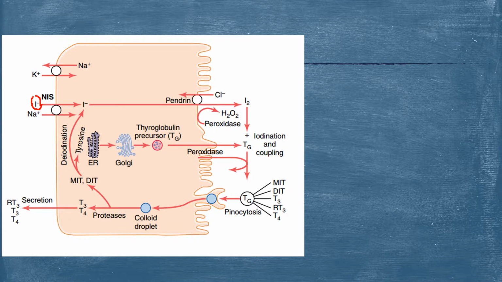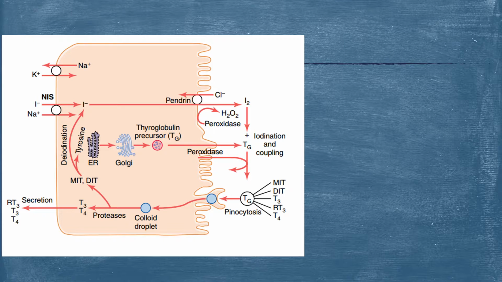Iodide will enter the follicular cell from the blood by an active process, and the transporter is called the sodium iodide symporter. So you can say it is like secondary active transport.